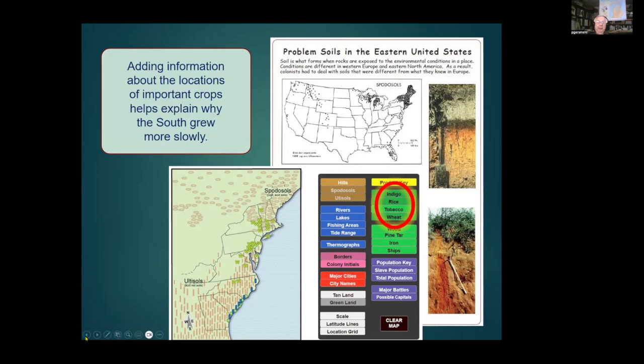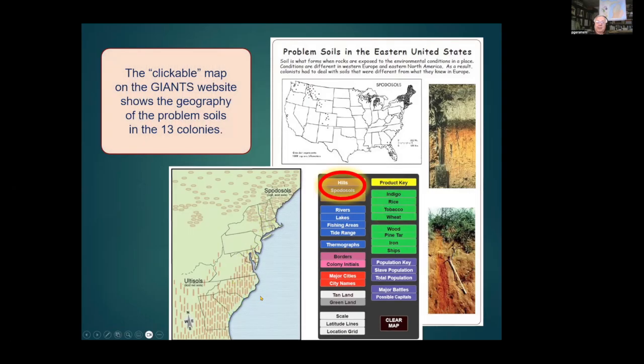And if I go back to the previous frame, you'll notice that there seems to be a little band right along the coast in South Carolina, North Carolina, and Georgia that does not have this particular kind of problem soil. And there's also a gap in between the two problem soils here in the Hudson Valley of New York and in southeastern Pennsylvania and so on.